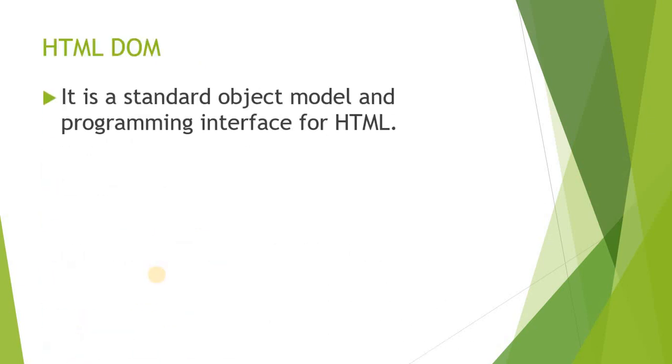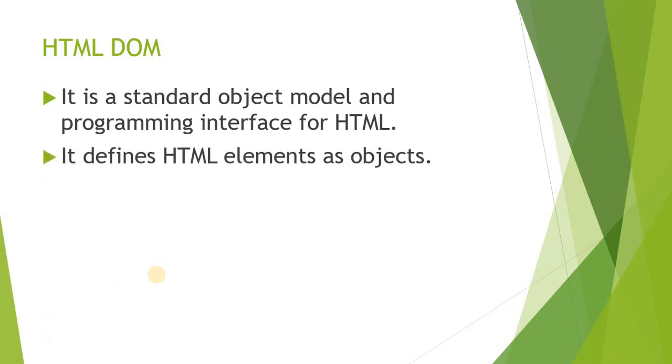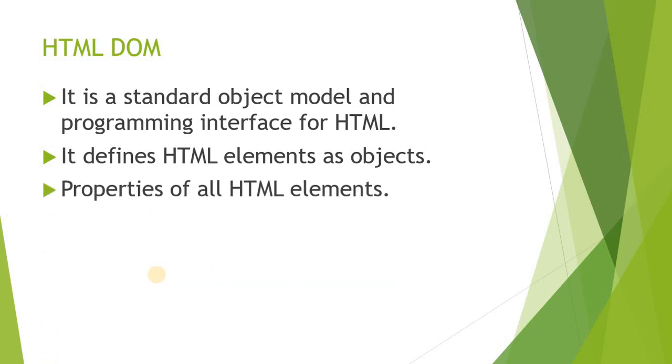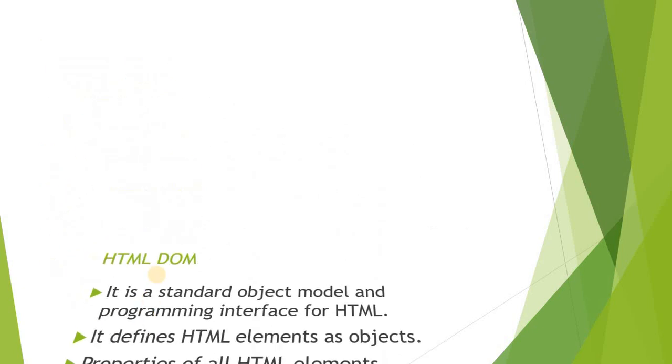HTML DOM is a standard object model and programming interface for HTML. It defines the HTML elements as objects, properties of all HTML elements, methods to access all the HTML elements, and also defines events for all HTML elements.